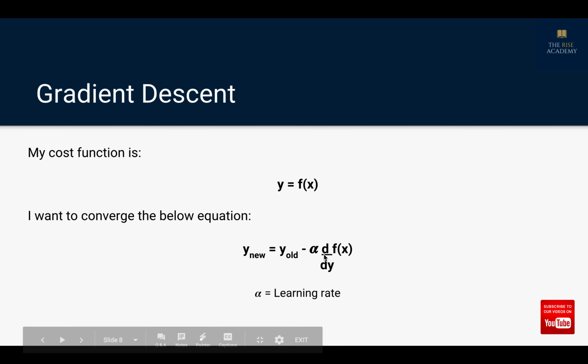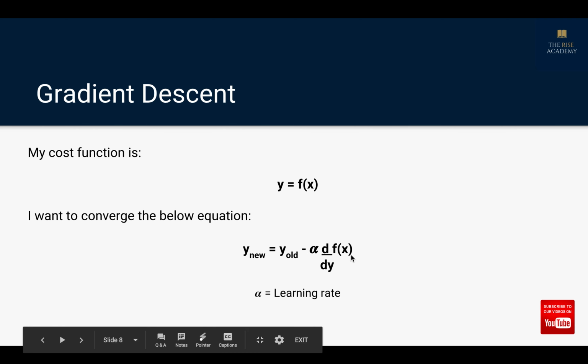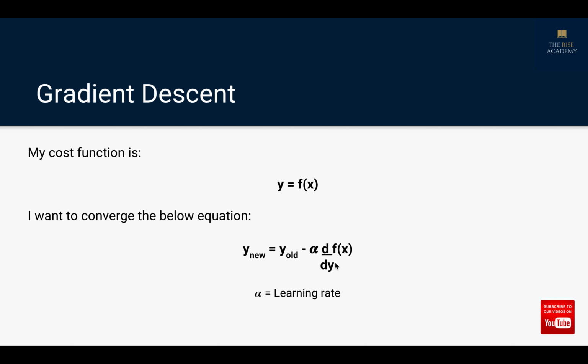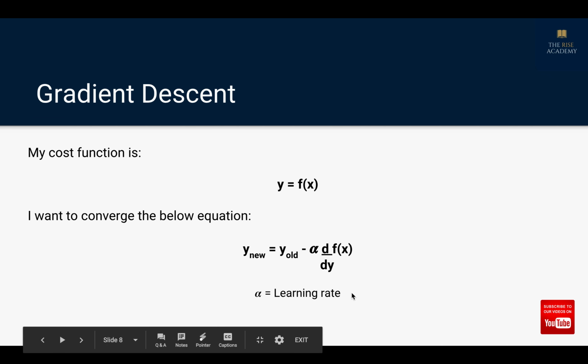And what is this? This is the partial derivative. I could not find the shape of the partial derivative symbol, so I have just used the regular d. But that's what it is, the partial derivative of f(x) with respect to x, and this alpha is my learning rate.